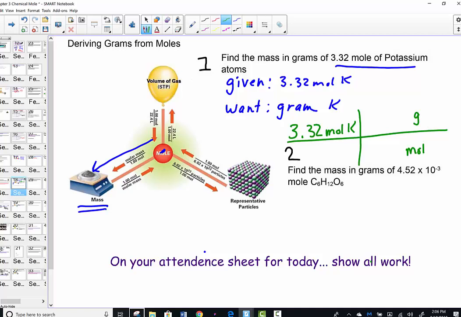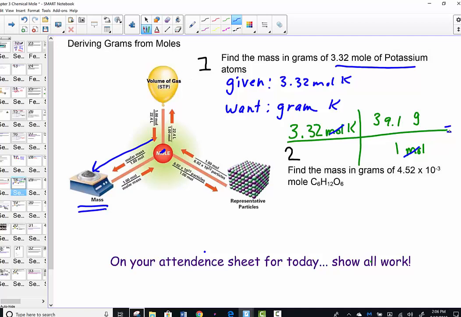The molar mass in a mole, molar mass per mole. So how many grams does a whole mole of potassium weigh? I want to say 39.1, carrying that 1 decimal. My mole unit's canceled, and I'm left with the unit called grams.